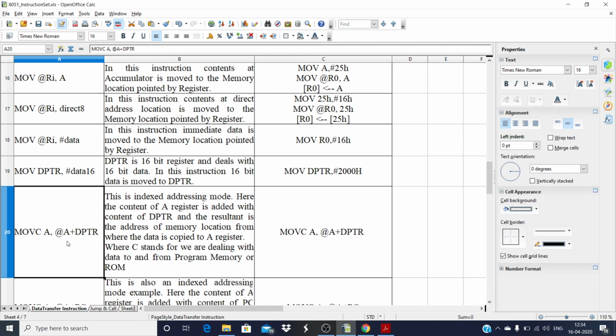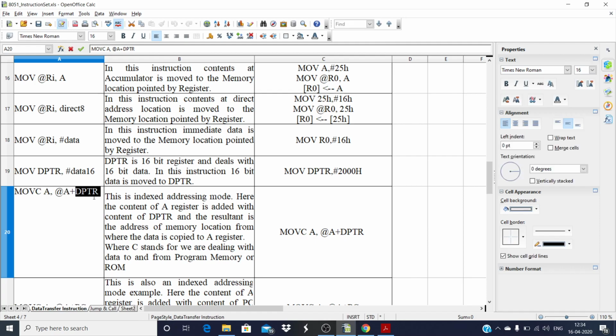Here in this instruction, the content at the location pointed by DPTR and A will be moved to A.